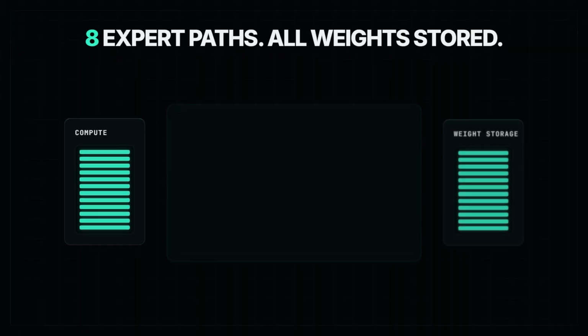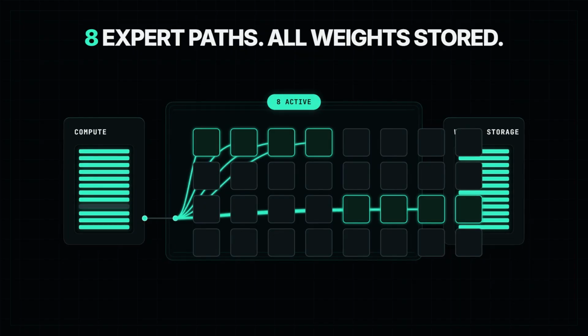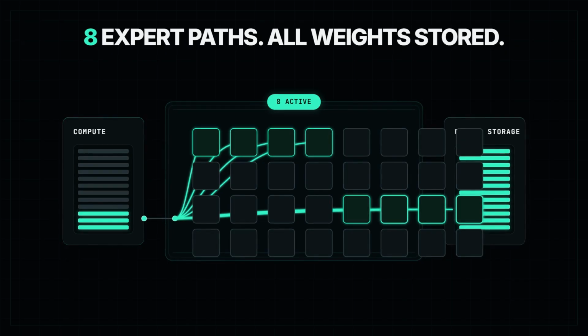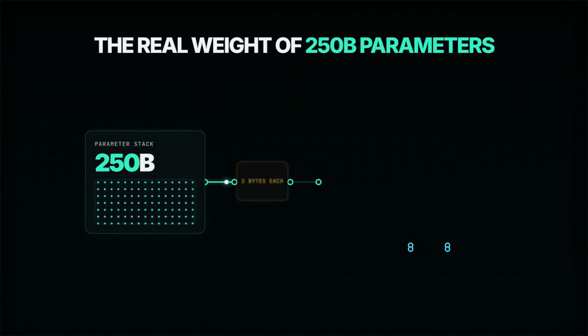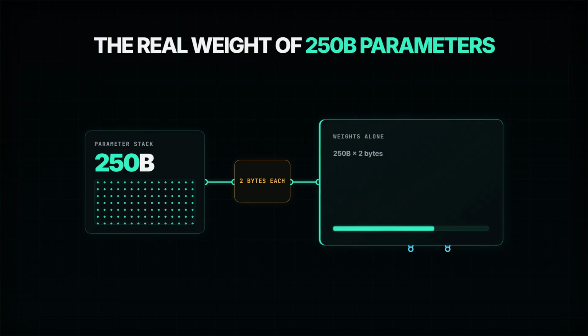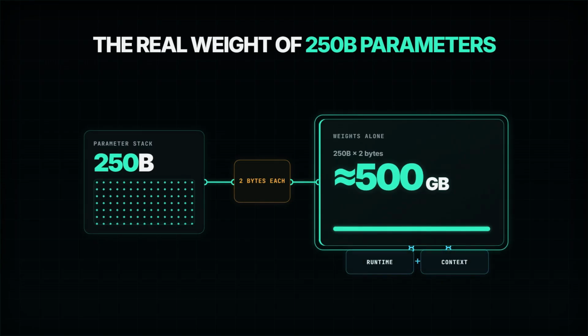Selective activation reduces arithmetic, not the model's existence. The system generally needs access to all 250 billion weights because the router could select different experts as the sequence changes. At 2 bytes per BF16 parameter, raw weights alone are around 500 gigabytes before runtime overhead and context memory. That is why 15B active does not mean a normal 15B download.